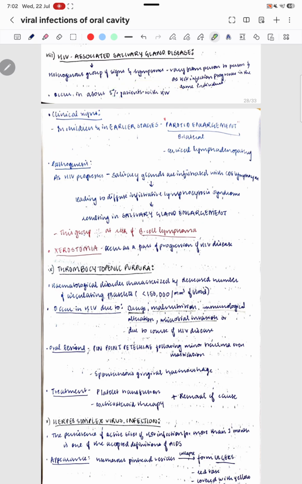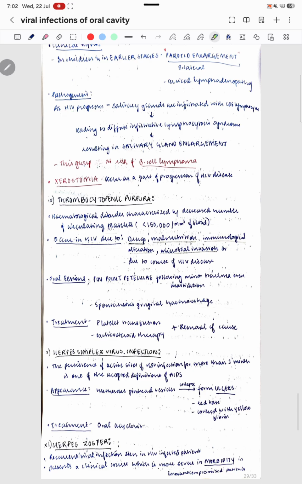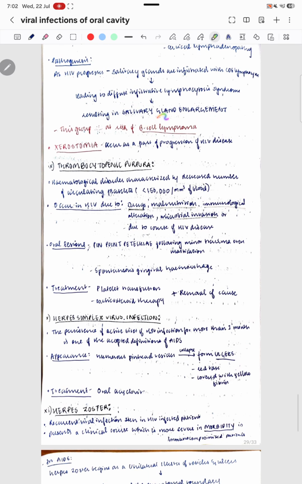The clinical signs include parotid enlargement, a main sign, and it is bilateral. Pathogenesis: HIV progresses into the salivary glands, which are infiltrated with CD8 lymphocytes, leading to diffuse infiltrative lymphocytosis syndrome, resulting in salivary gland enlargement.